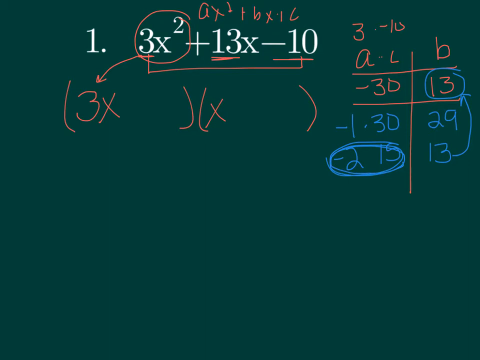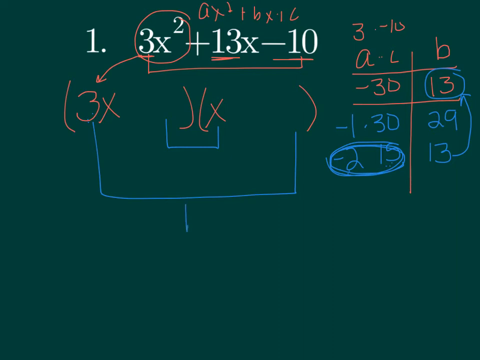Now these two terms have to multiply to get either negative 2 or 15, and then these two terms have to multiply to get either negative 2 or 15. So here's the thing you've got to think about. This is a 3, so you need to look at which one of these 3 will go into.